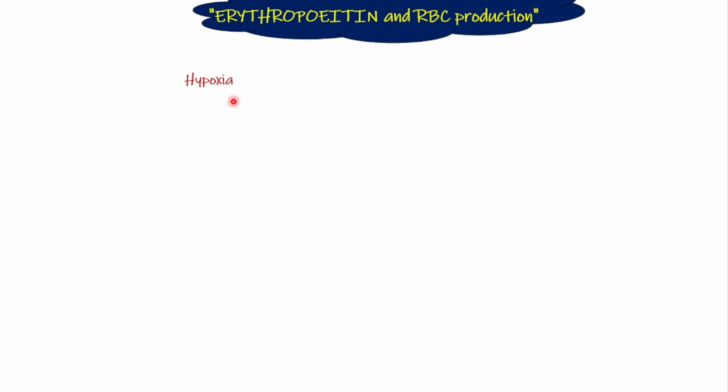So if the oxygen is not being supplied in adequate quantity to the tissues, which is basically hypoxia, then the hypoxia will act as the main stimulus for the increased production of RBCs by stimulating the production of erythropoietin. So whenever there is hypoxia, erythropoietin is going to be produced, and erythropoietin will increase the production of RBCs.